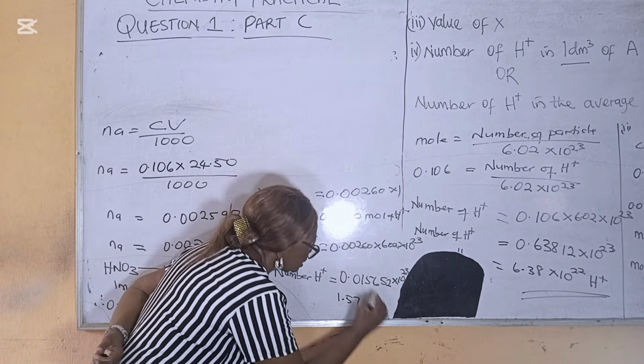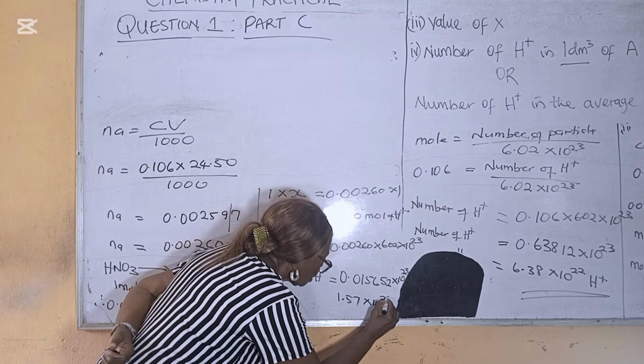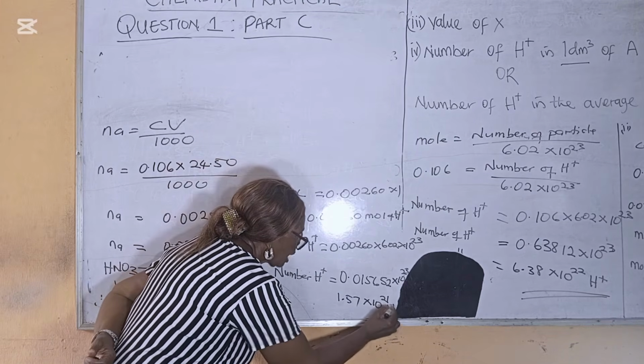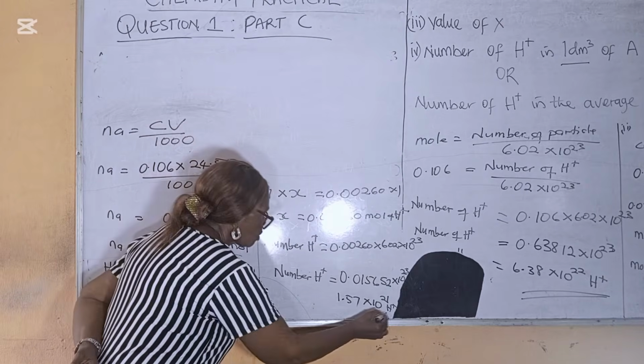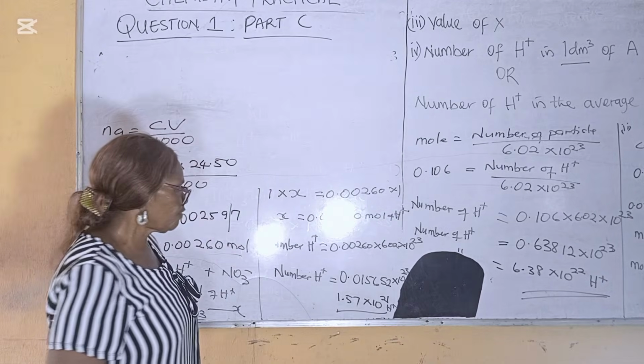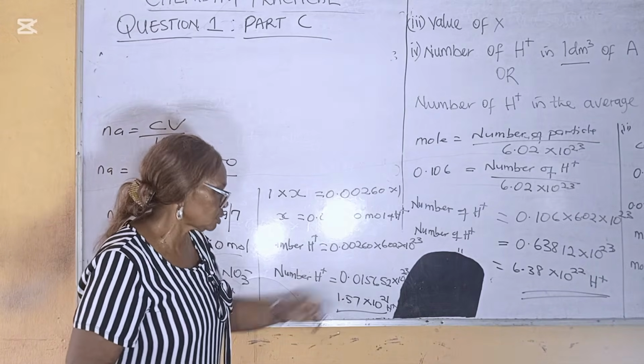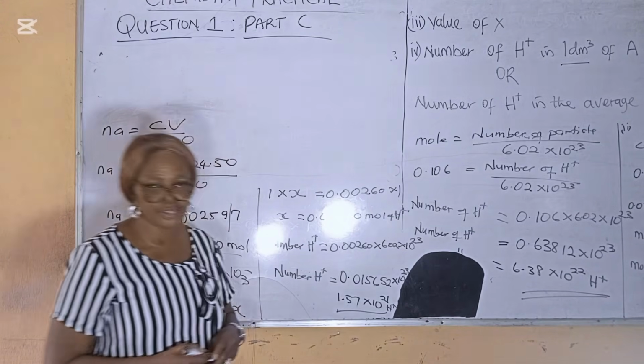So it will remain 1. So it's now 21. That's the answer. Hydrogen ion. That's the correct answer: 1.57 times 10 raised to the power 21 hydrogen ion.